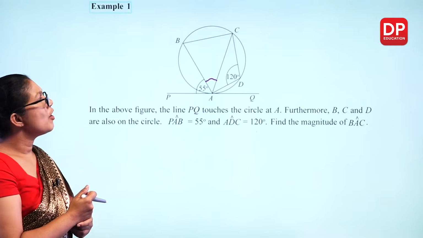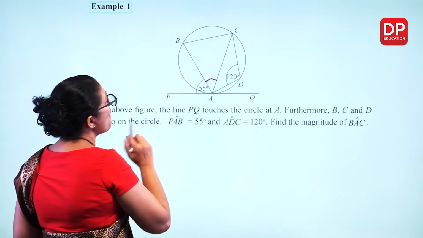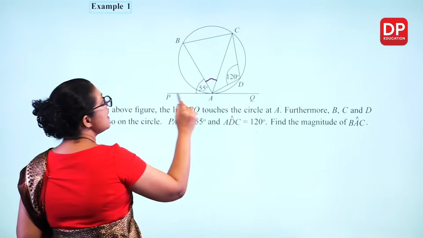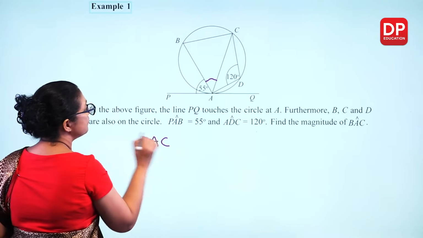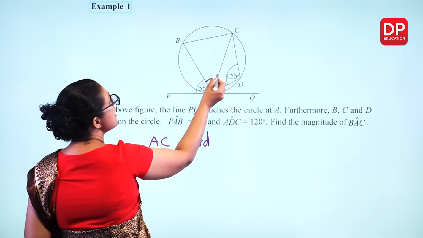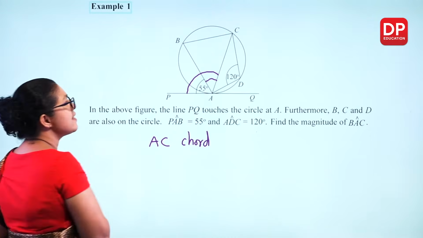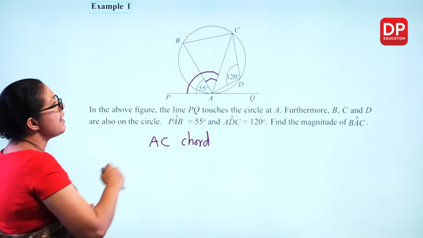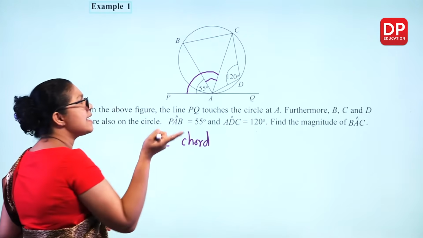What can you say about this? We know that when we take AC chord, this is the angle between the tangent and the AC chord. That's equal to the angle in the alternate segment.